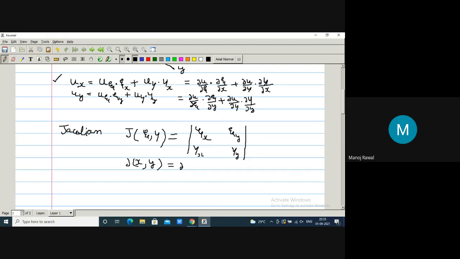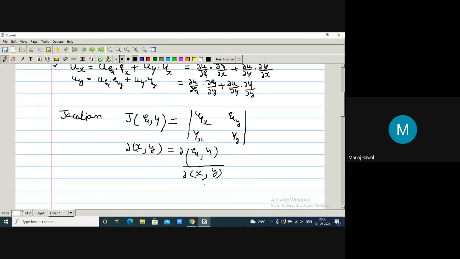This is del xi upon del x and del xi upon del y and del eta upon del x and del eta upon del y. So in this way also you can write del of xi, eta upon del of x, y. This is also a notation simply. But what you have to know mainly is this 2 cross 2 determinant.